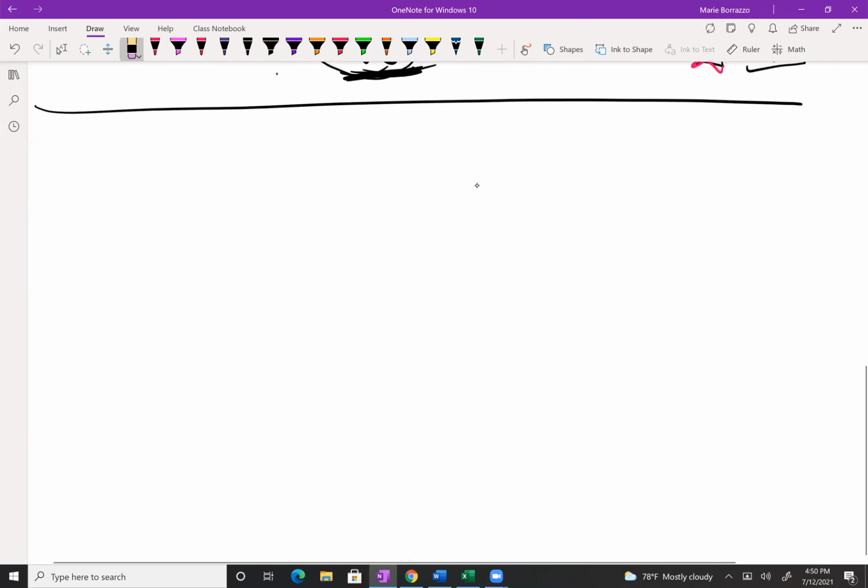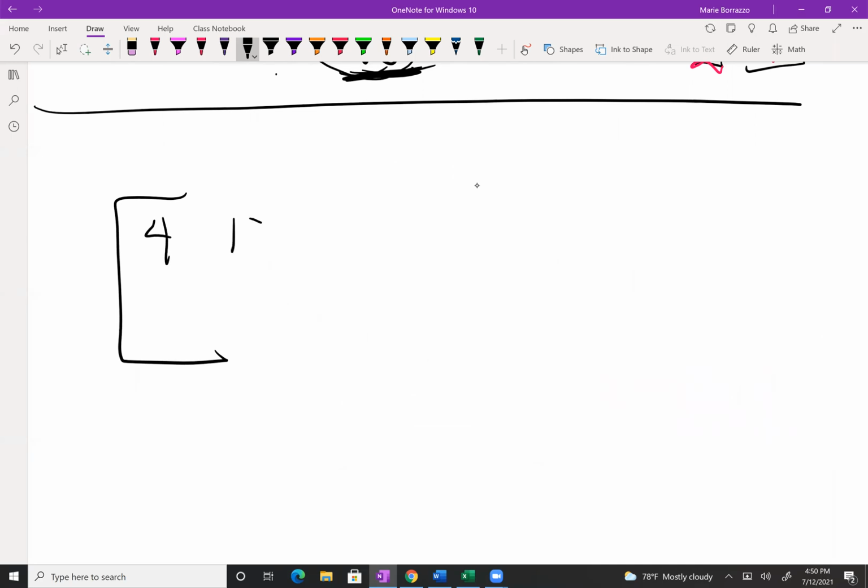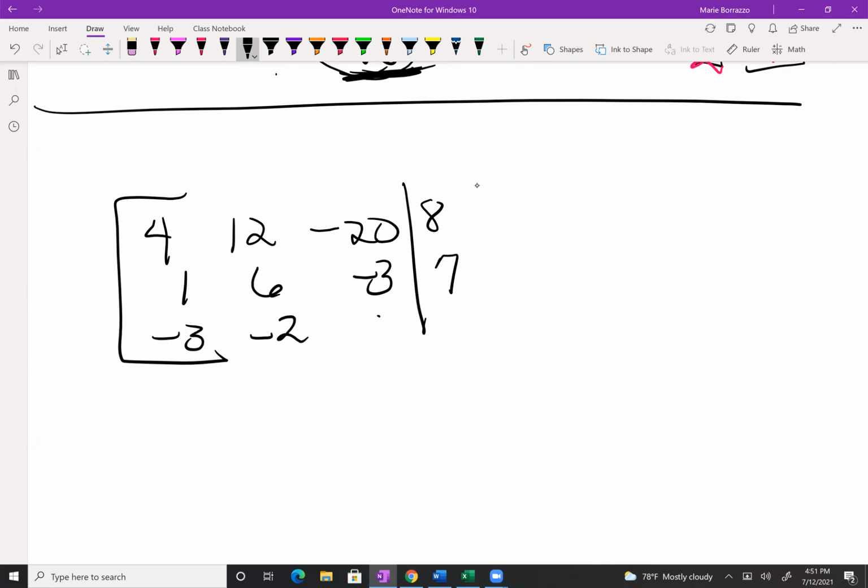All right, so let me have you try this one. I'm going to be quiet for a minute so you can. This is your original. All right, in A, I want you to swap row 1 with row 2.